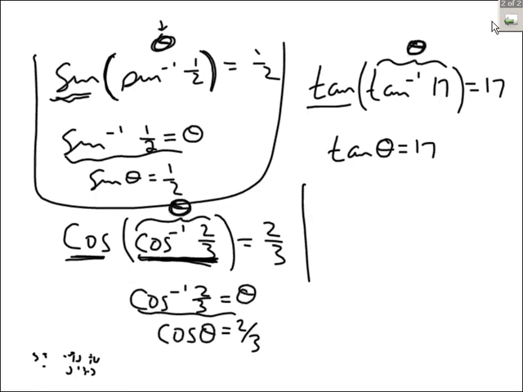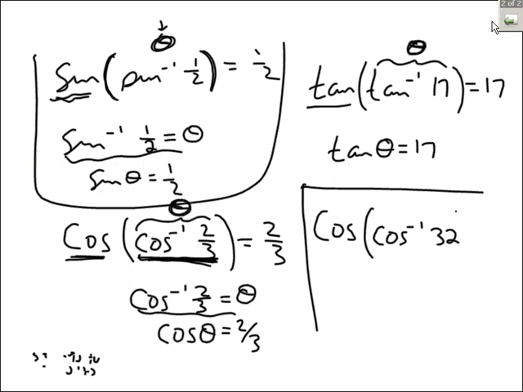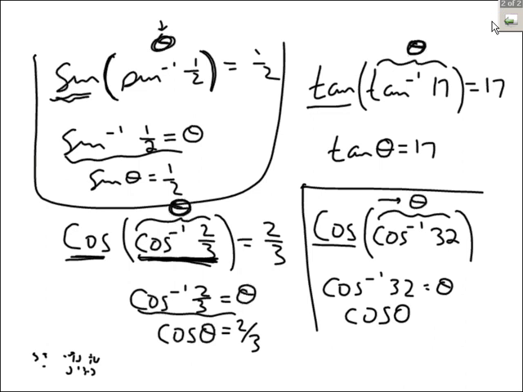Okay, now let's look at one more. Suppose you had the cosine of the cosine inverse of 32. Well, cosine inverse is an angle. So we want the cosine of that angle. But we're calling the cosine inverse of 32 theta. That means the cosine of theta is equal to 32. So you might want to say, oh, the answer is 32.